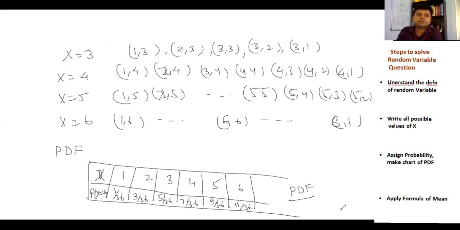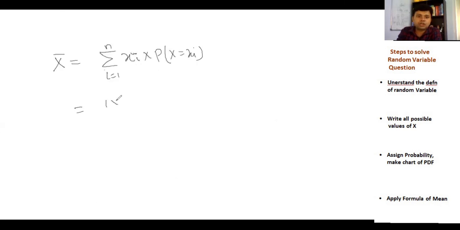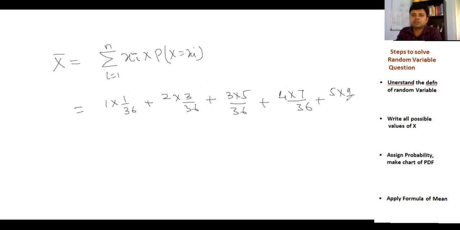So it is 1 into 1 by 36 plus 2 into 3 by 36 plus 3 into 5 by 36 plus 4 into 7 by 36 plus 5 into 9 by 36 plus 6 into 11 by 36.